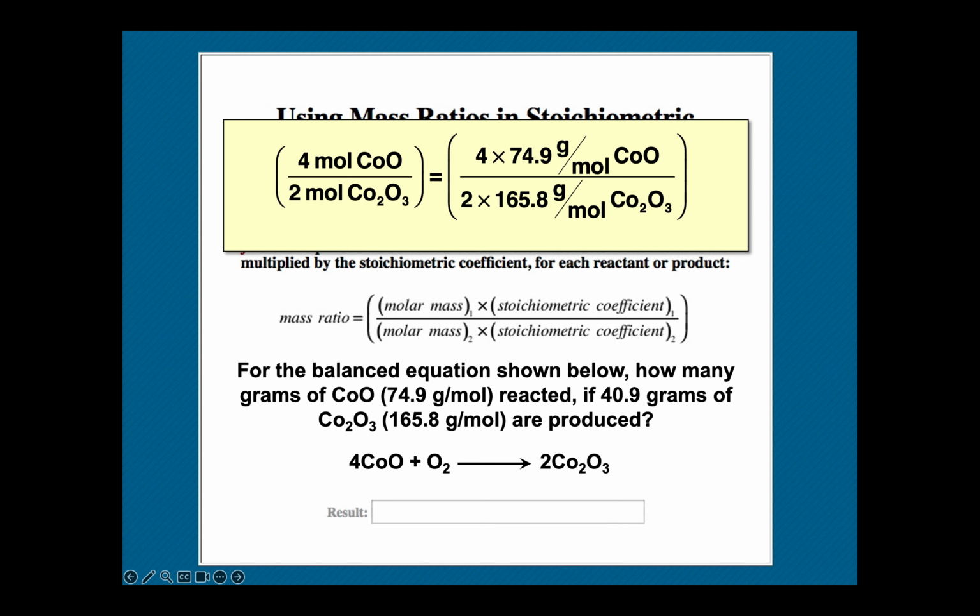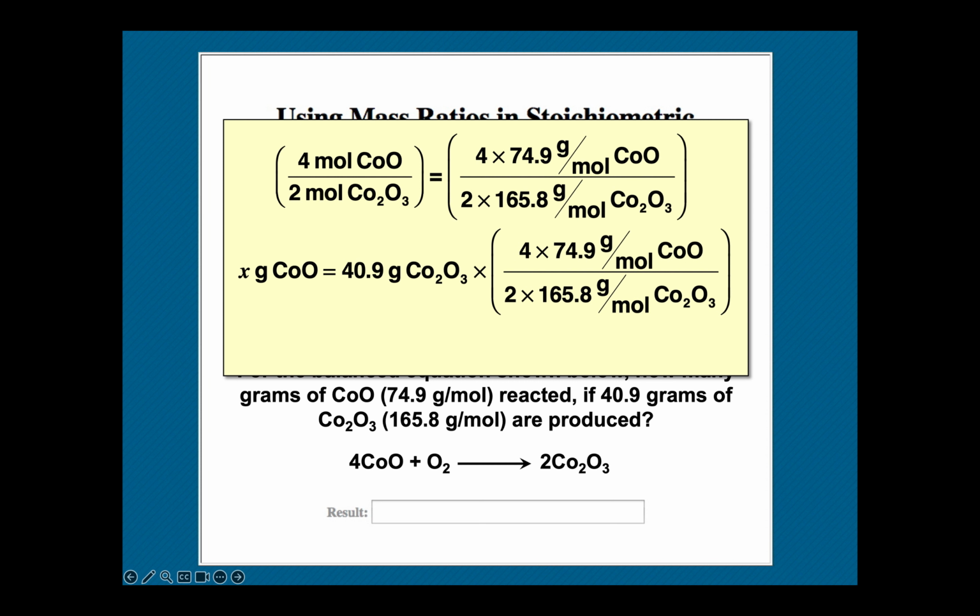Now we could do what we did in the last slide, but on this one I didn't, just to show the versatility here. This is a ratio, isn't it? This is given, isn't it? We can just take this whole ugly ratio, multiply it by the given, and get our result. Here's our given, here's our big ugly ratio.